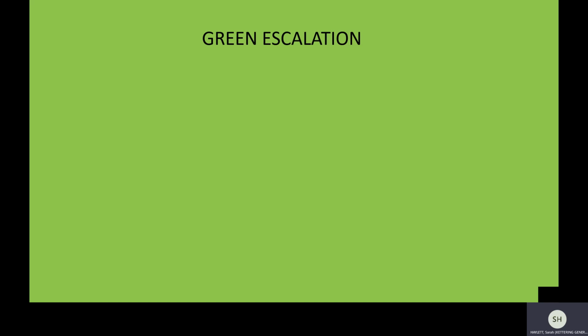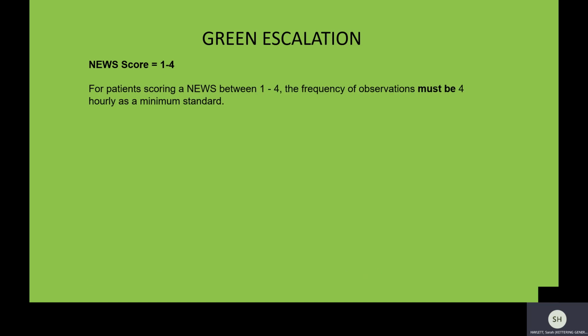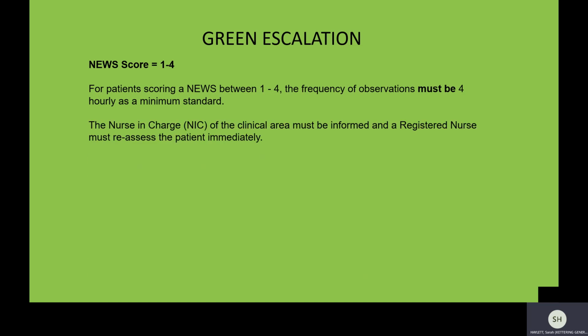So let's take a look at the green escalation. This is for anybody that has a NEWS score between 1 and 4. The frequency of observations must be 4 hourly as a minimum standard. The nurse in charge of the clinical area must be informed, and a registered nurse must reassess the patient immediately.